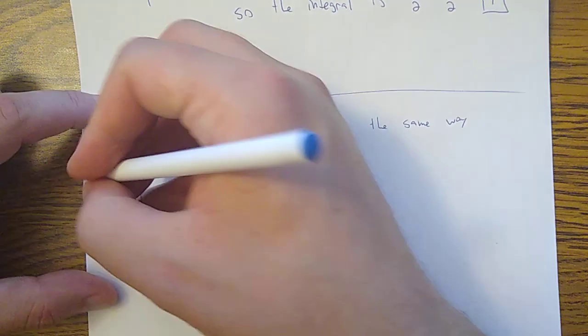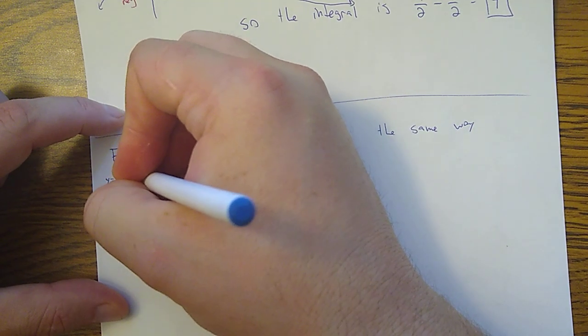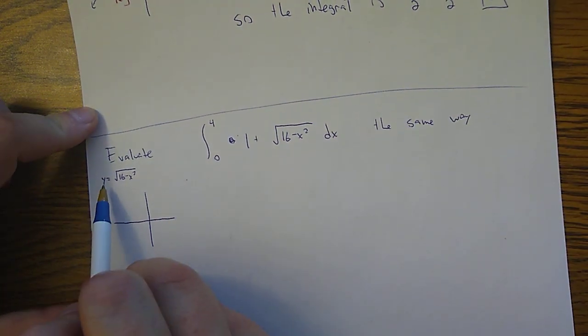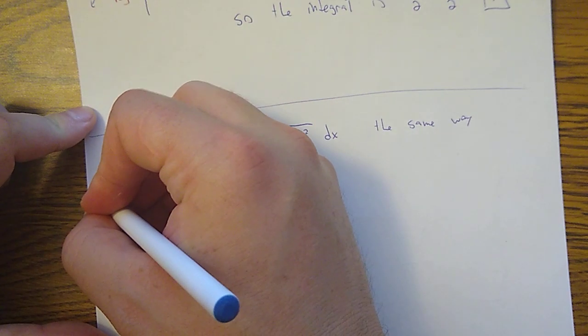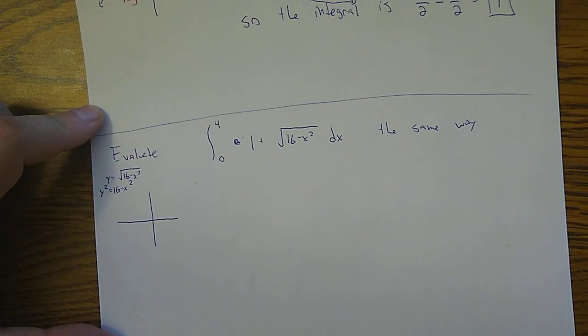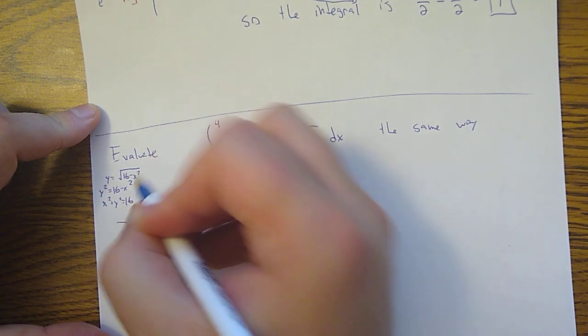So what if I'm doing y equals that? This is like saying y squared equals 16 minus x squared, which is the same as x squared plus y squared equals 16.